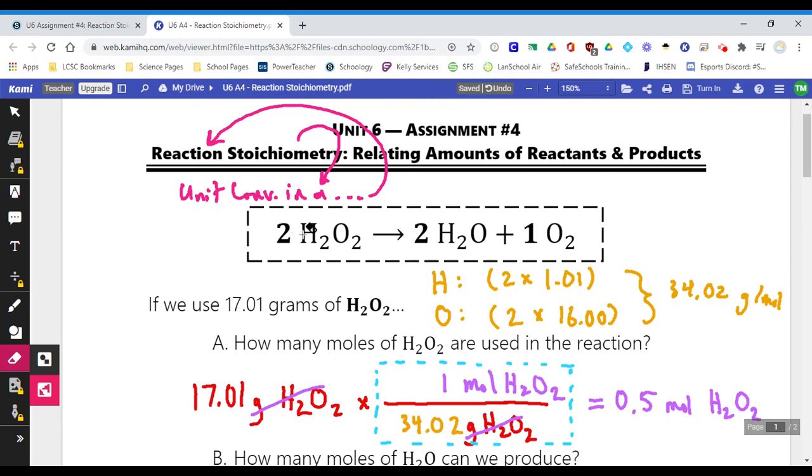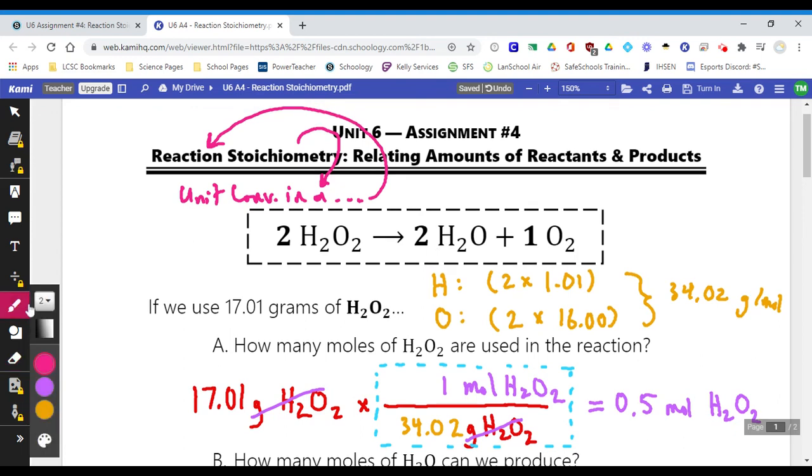I could do it for 2 million H2O2s, make 2 million H2Os and 1 million O2s. Or I could scale it up to the size of a mole. I could say 2 moles of H2O2 can be used to produce 2 moles of H2O and 1 mole of O2. This is what we're going to use for this new fraction bar.